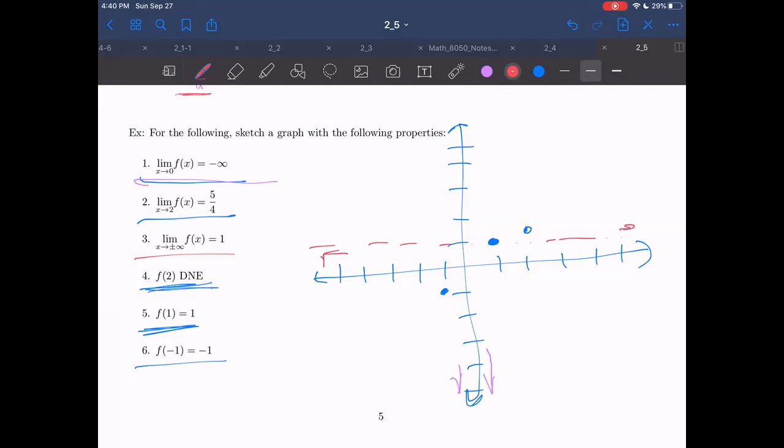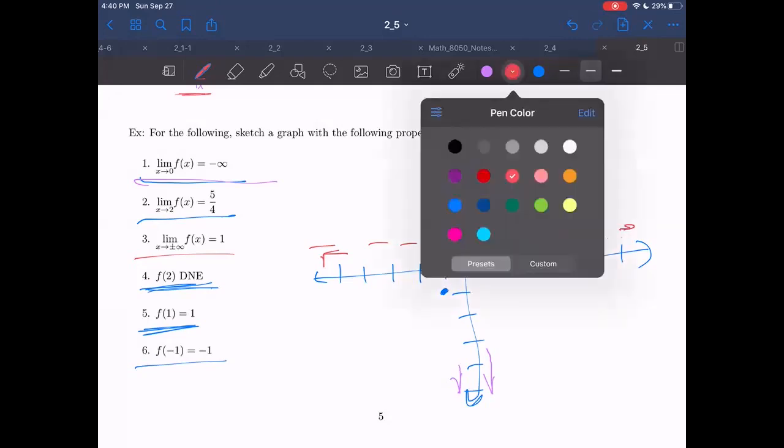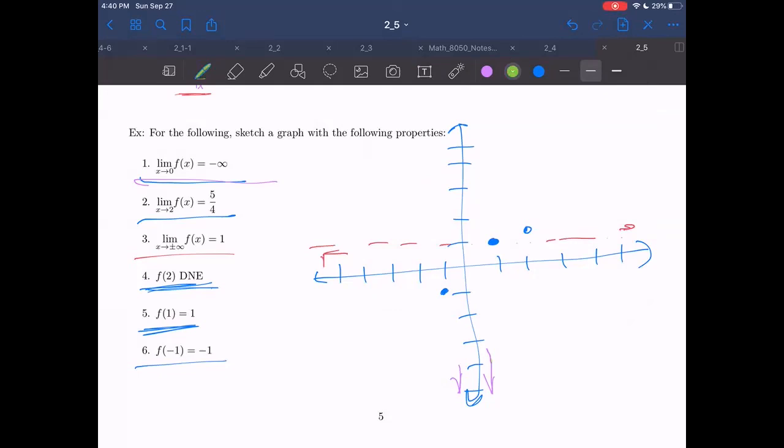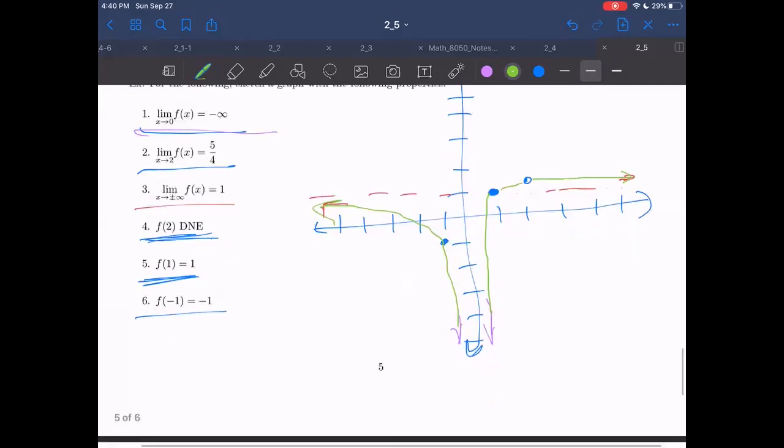So our function will be shaped somewhat like this. We can start off here, we know we're going to infinity, we've got this point here, and then we go off that way. Then we can do the same thing for this side. So just take it case by case with the properties and then fill in a graph that fits all of those.